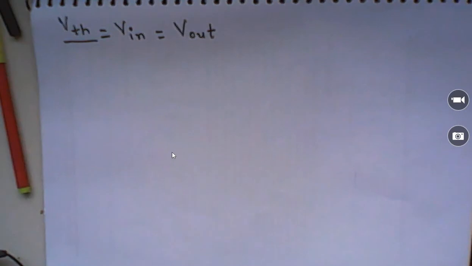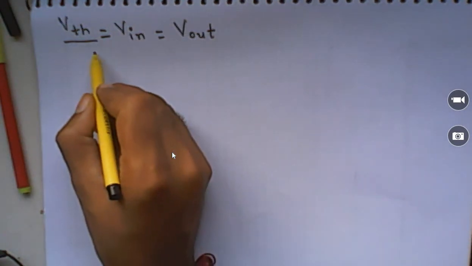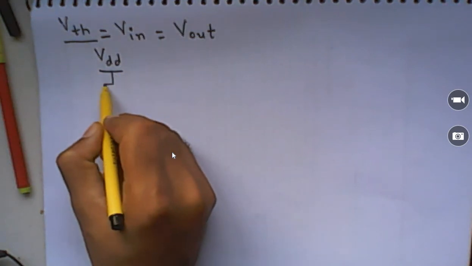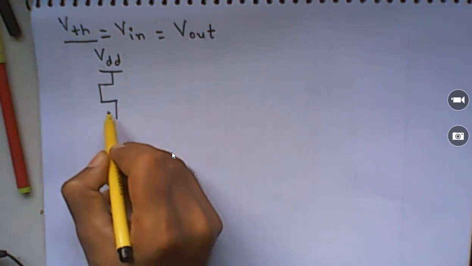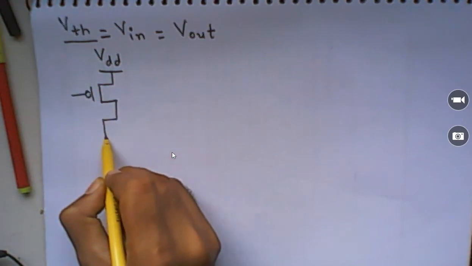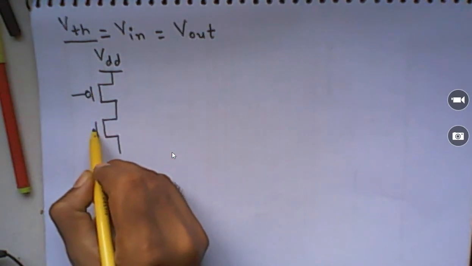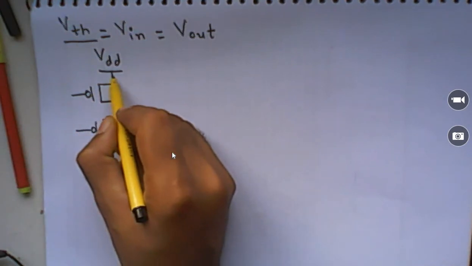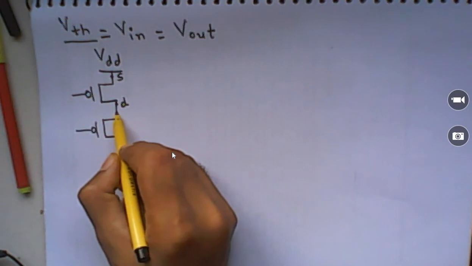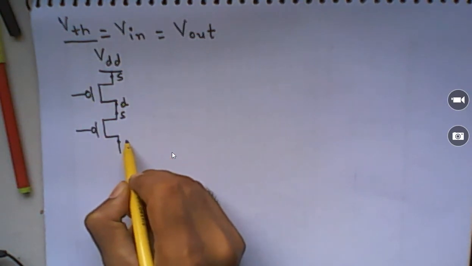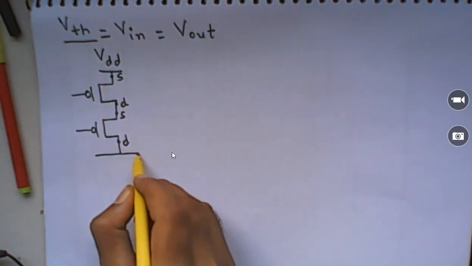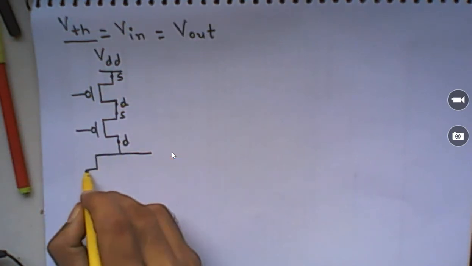Right. So here we can see the two input CMOS circuit with VDD. Both the PMOSFETs are connected in cascade. Here it is a source terminal and this one is the drain, and here it is a source and this one is the drain. Both the NMOSFETs are connected in parallel.